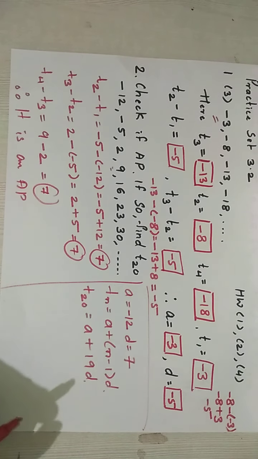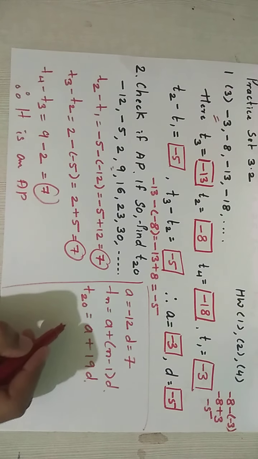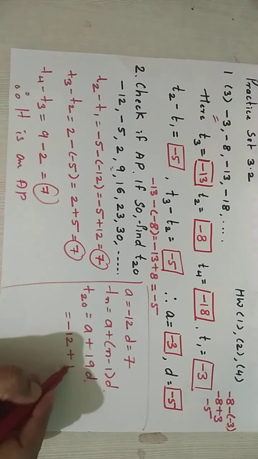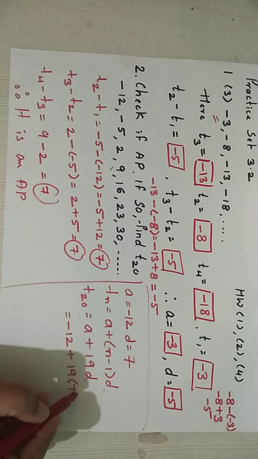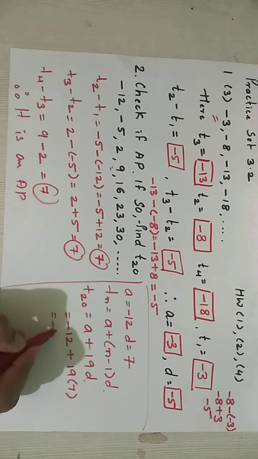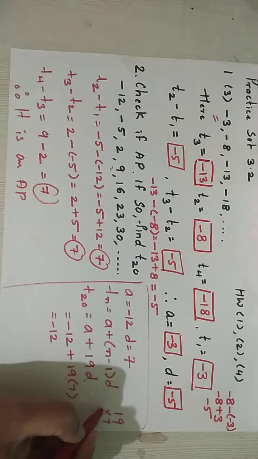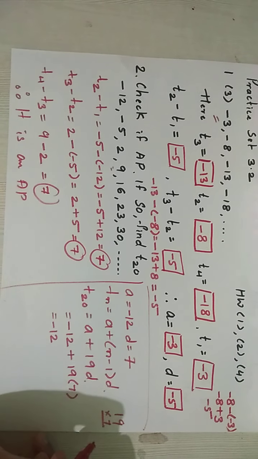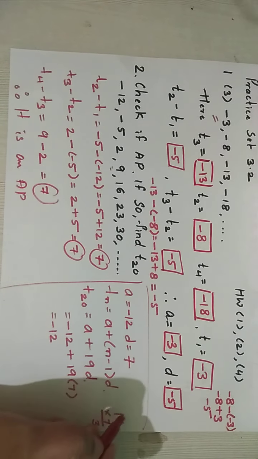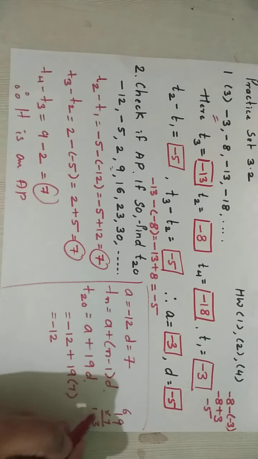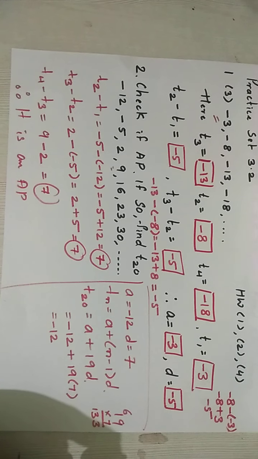So T20 will become A plus 19D. This will be minus 12 plus 19 into D is 7. This is minus 12, 19 sevens are 7 ones are 7. 7 plus 6 will be 13.